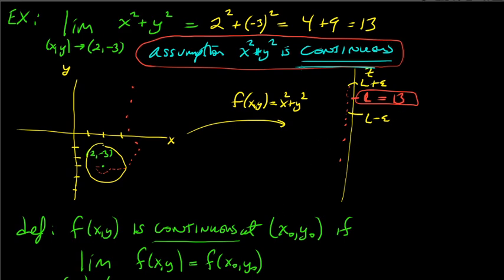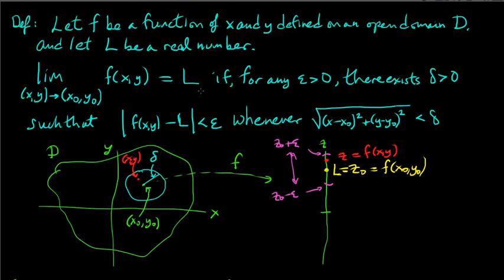Unfortunately, though, if the function is not continuous, then you cannot find the limit this way. In fact, in that case, it may not even have a limit. The function might not have a limit. So going back to this definition here, this L, of course, does not have to be f of x0, y0.